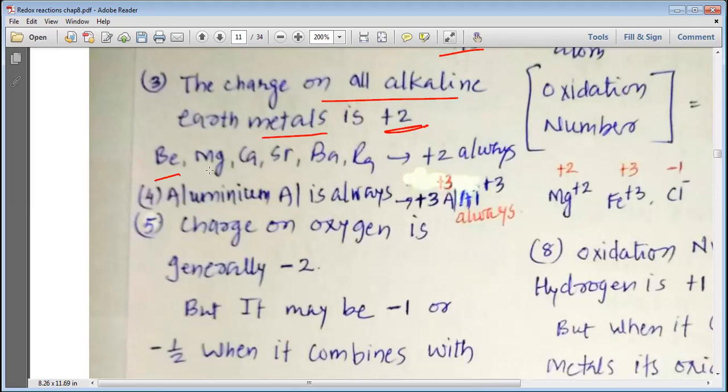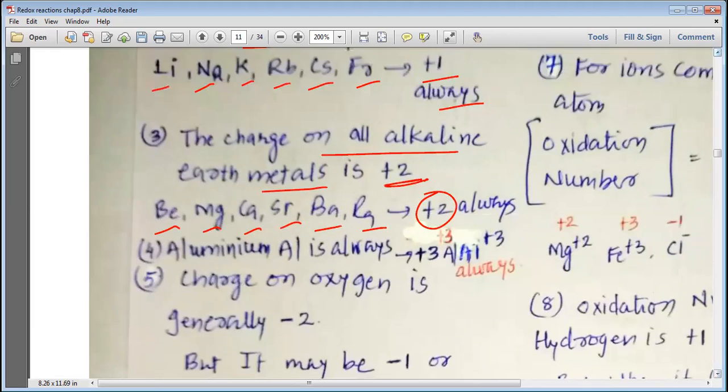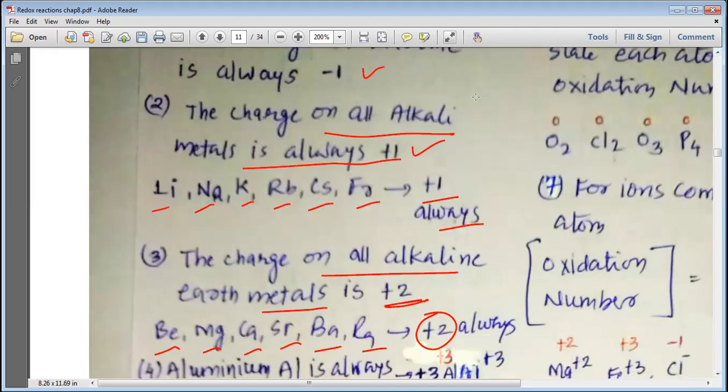That means if we have beryllium, magnesium, calcium, strontium, barium or radium, they always have the +2 oxidation state, whether they are bonded with oxygen, hydrogen, or any other element. These three rules never change, and they contain the word always with them.